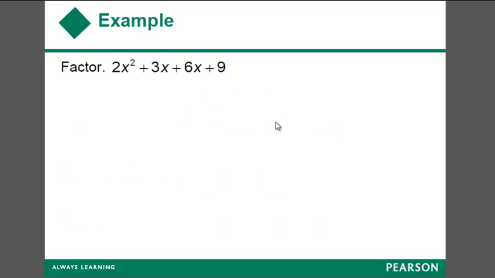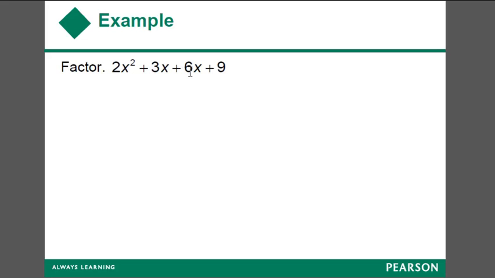Let's look at 2x squared plus 3x plus 6x plus 9. Again, I want to factor by grouping. I want to look at the first two terms and factor those, and then look at the second two terms and factor them. Out of the first two terms, the 2x squared plus 3x, the only thing I have in common is an x, so my factor will be an x.